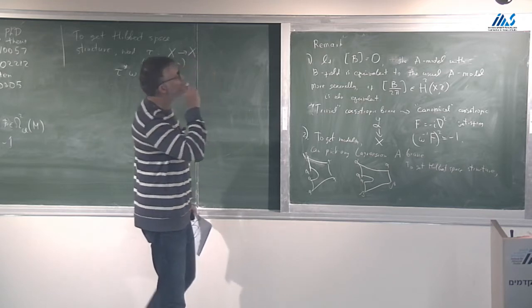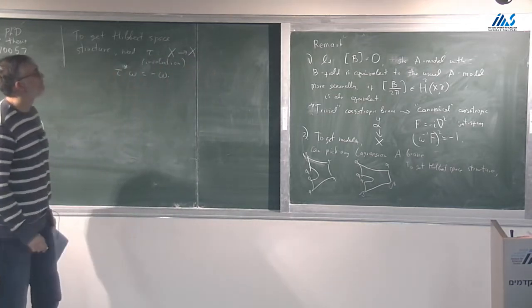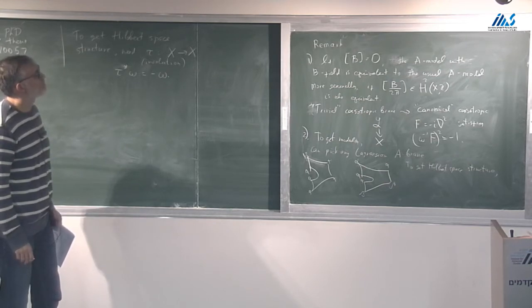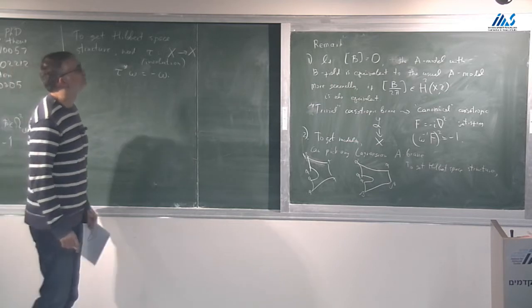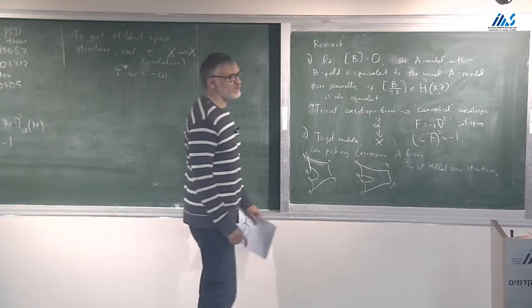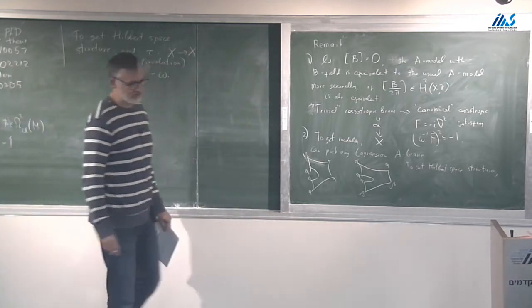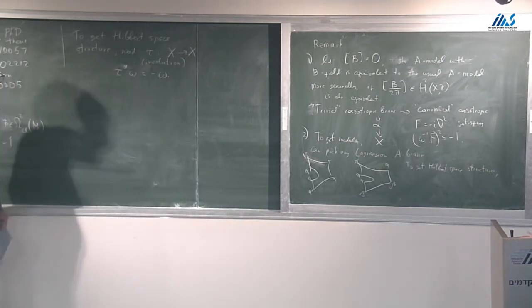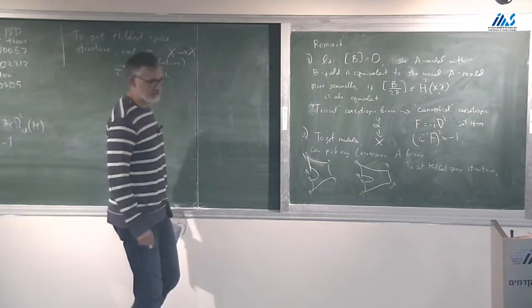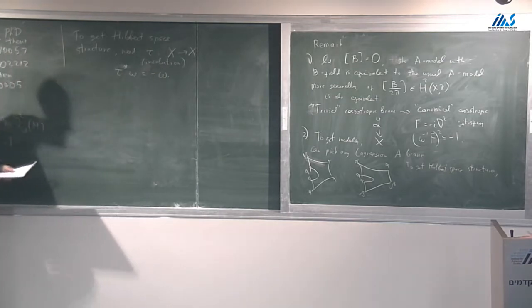Let's see. Probably you need to take out two sections in the end. So yeah, this is really a pre-Hilbert space structure. Okay. And how does tau act on F?